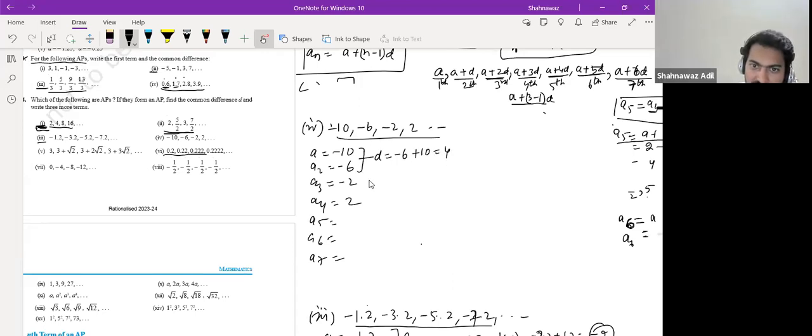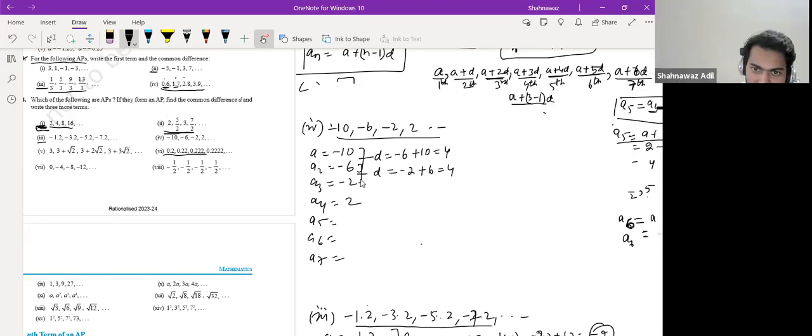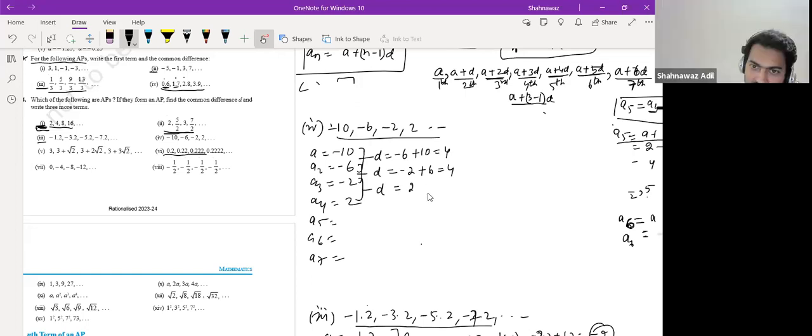And for this, what is the difference? 4, -2 plus 6 is 4. Very fast, Shaima. Good. And the difference in here? 4, 2 plus 2 is 4. So we can see that the differences are the same, so this is an AP, right? And then we can calculate the fourth term.